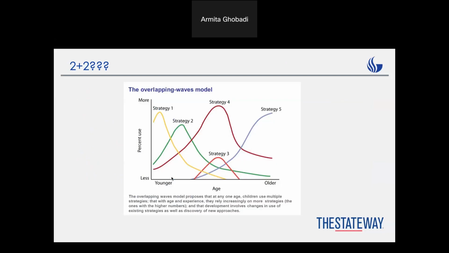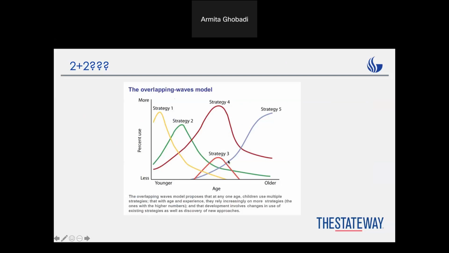This leads to the idea of the overlapping waves model, which combines everything I said so far. It says that younger children do have several strategies. For example, strategy number 1 is counting using your hands. Strategy number 2 is saying it out loud. Strategy number 4 may be using both your hands and counting out loud, because as you can see, it might be a combination of strategies 1 and 2.